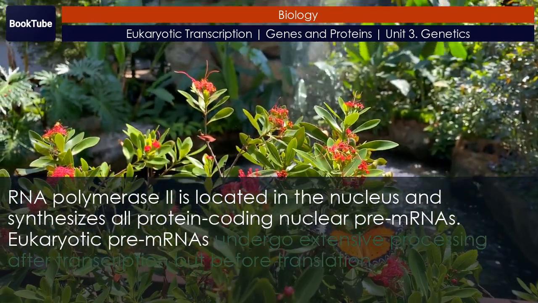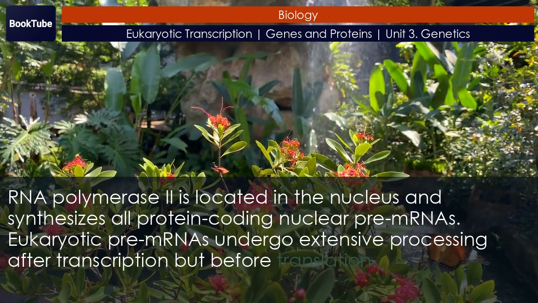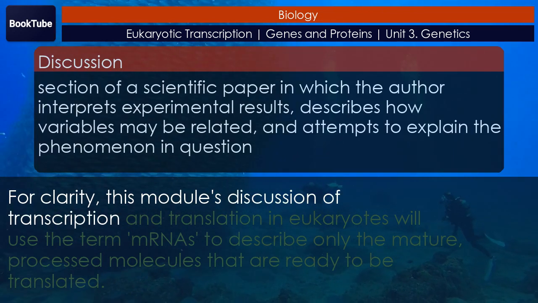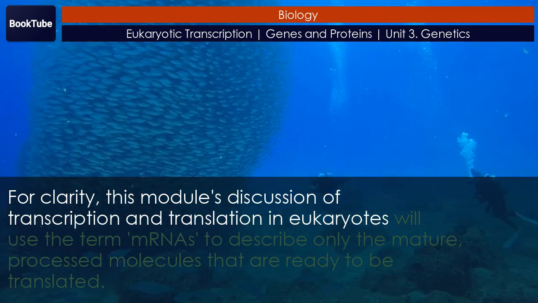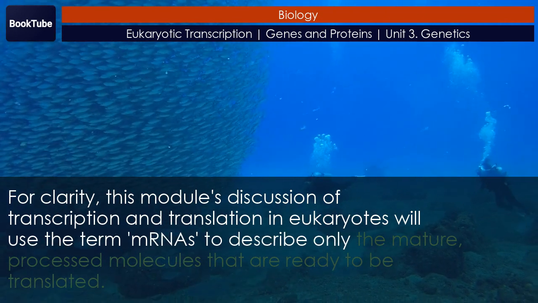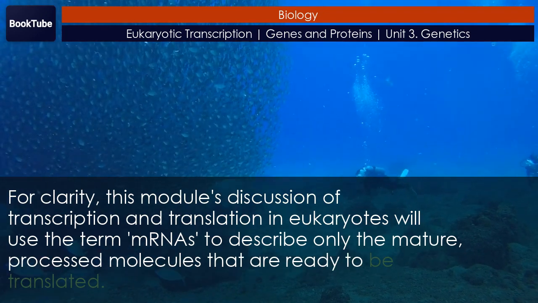Eukaryotic pre-mRNAs undergo extensive processing after transcription but before translation. For clarity, this module's discussion of transcription and translation in eukaryotes will use the term mRNAs to describe only the mature, processed molecules that are ready to be translated.